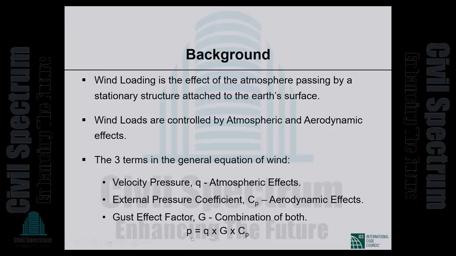The basic equation that we use in wind design is the last line on the slide. P, the pressure due to wind, is equal to Q, which we call the velocity pressure, multiplied by a gust effect factor G, multiplied by an external pressure coefficient C sub P. Obviously, each of these terms will be explained in quite a bit of detail in the rest of the seminar.